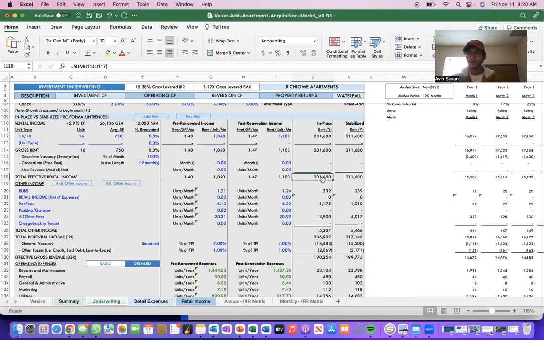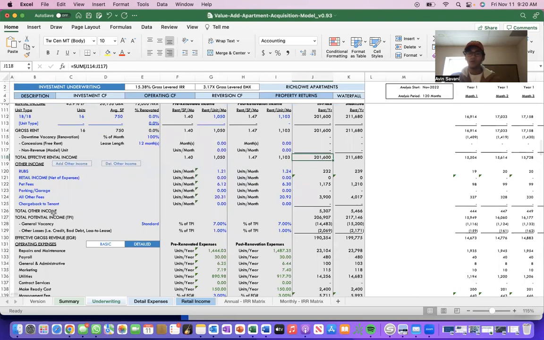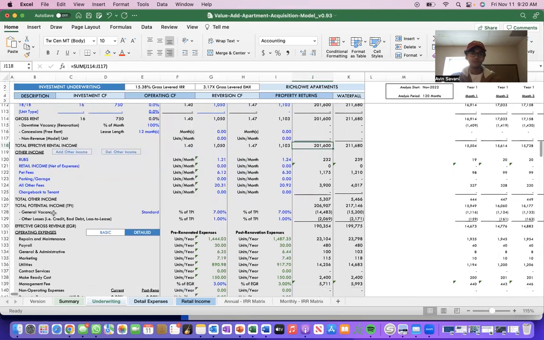After you add back all of your other income, such as ratio utility billing services, retail income, pet fees, parking, garage, other fees, chargebacks to the tenant, reimbursements, right? You'll get the total potential income, right? Once you get to that phase, you're going to subtract out your economic vacancy or your general vacancy and other losses associated with the property. So this is bad credit loss, loss to lease.